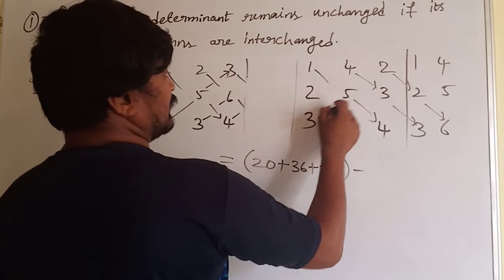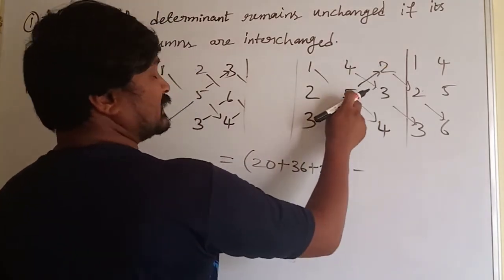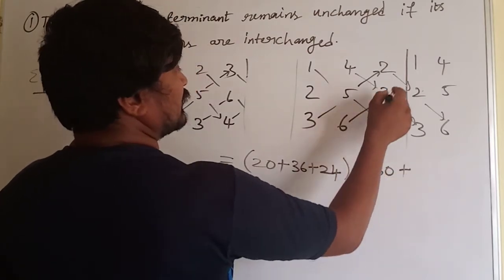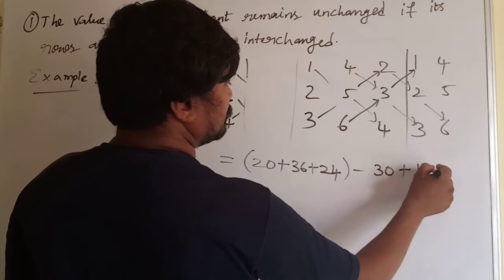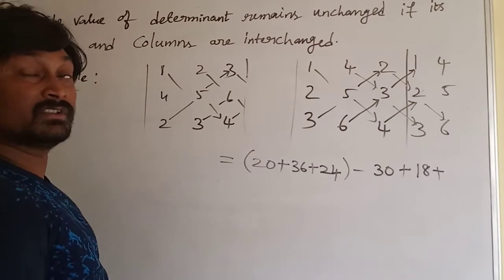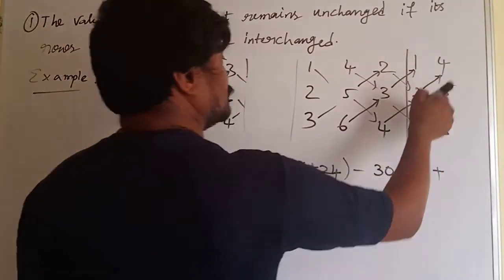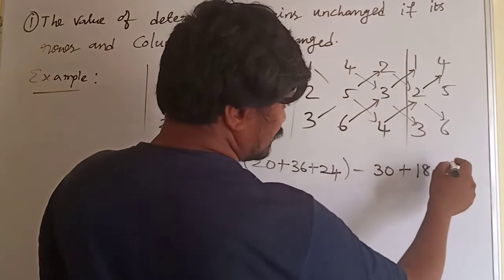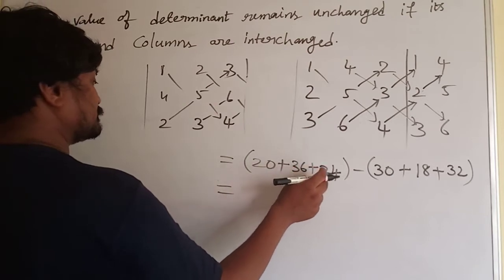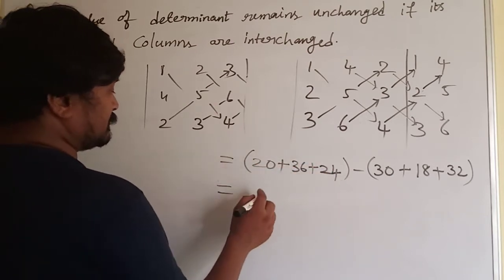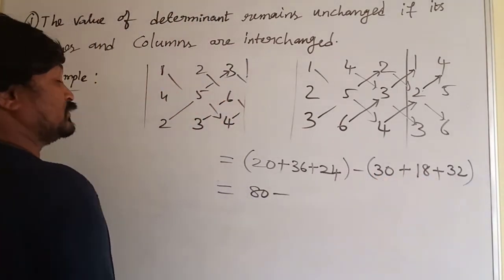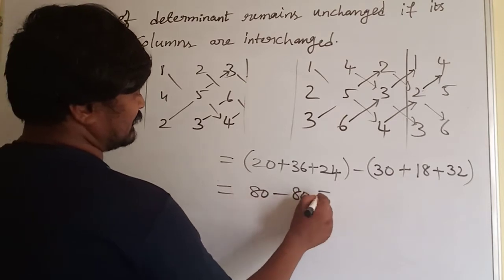Minus the second one: 3 5s are 15, 15 2s are 30, plus 6 3s are 18, 18 1s are 18, plus 4 2s are 8, 8 4s are 32. So add this, what do you get? 36 plus 24 is 60, 60 plus 20 is 80. Minus 30 plus 32 is 62, 62 plus 18 is 80. 80 minus 80 is 0.